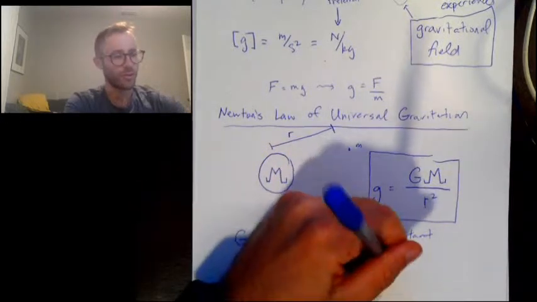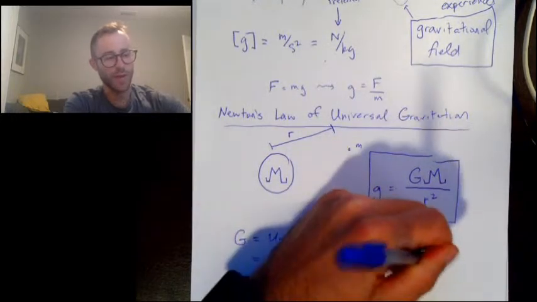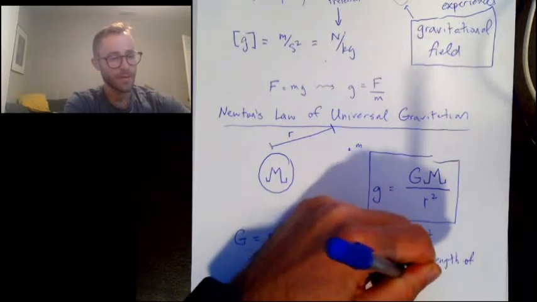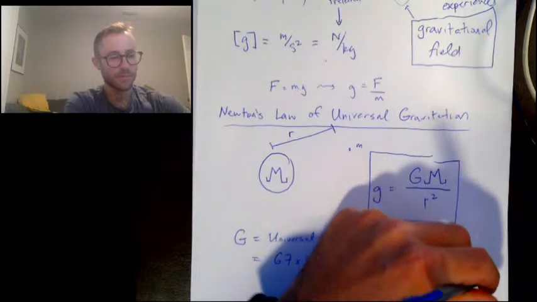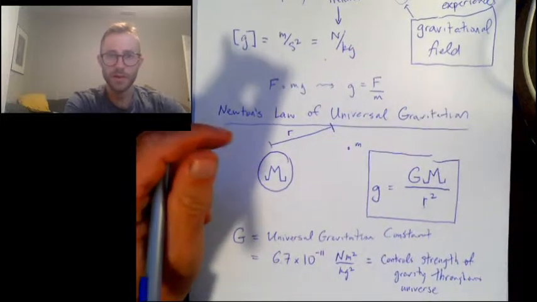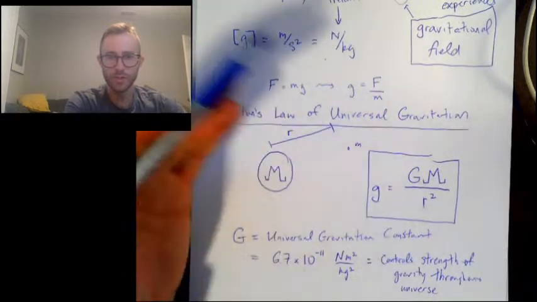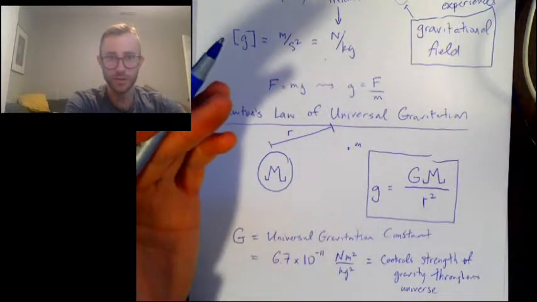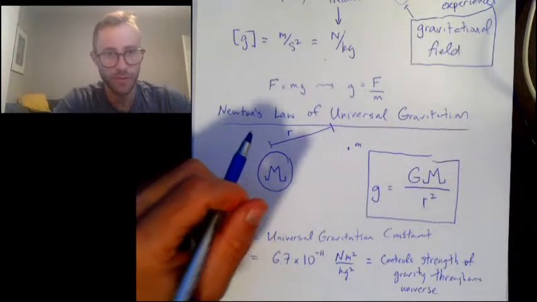It basically controls the strength of gravity throughout the universe. See how big G is in the numerator. The larger big G is, the greater the gravitational fields are everywhere.